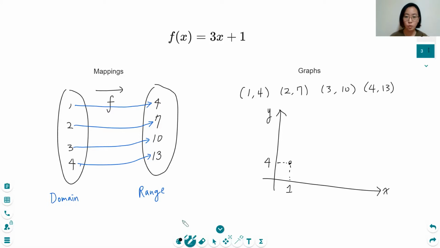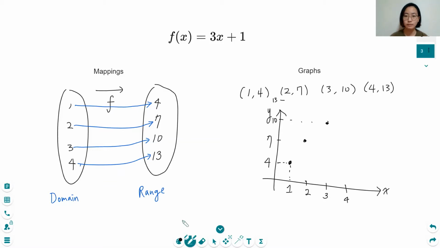And so this 1 dot represents this input-output pair. And let's say that this is 2, and that this is 7. And I would draw a dot here. For 3, I would get 10. And so maybe the dot is about here. 1 more dot. 4.